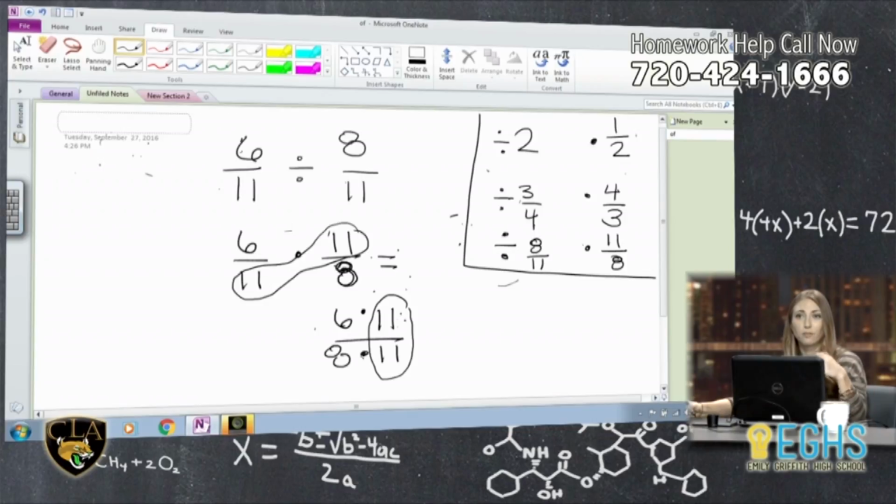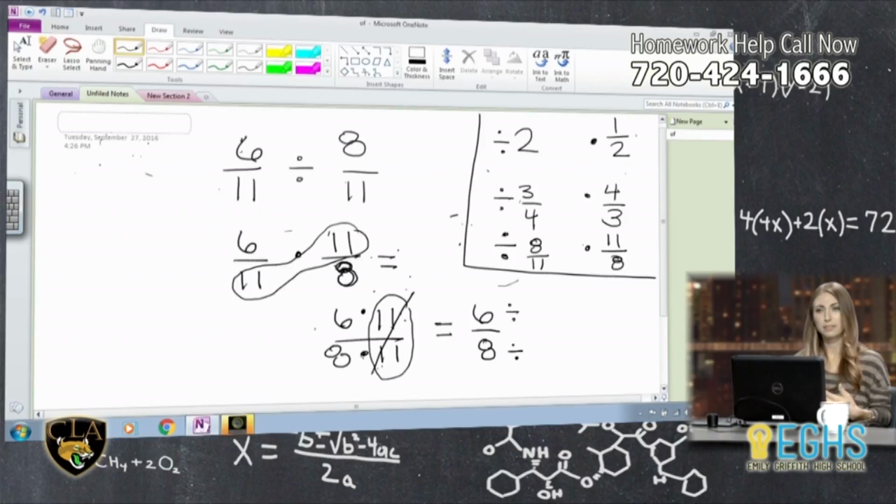And if you notice 11/11, that's just one whole, and multiplying by one whole is not changing it at all. So hence those 11s can actually be simplified before you multiply. Then we end up getting 6/8, and we can simplify those more.